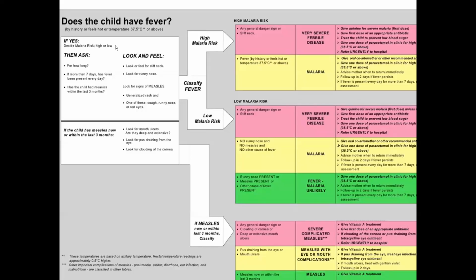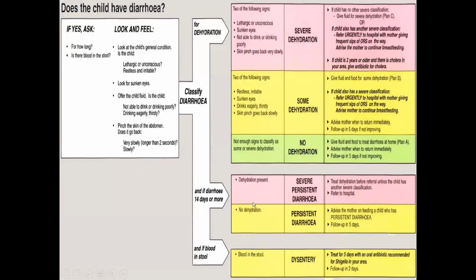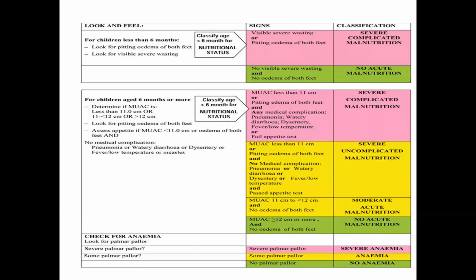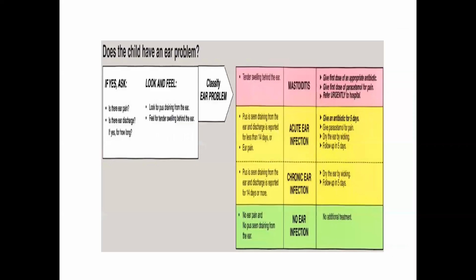If fever, then what are the high risk malaria, low risk malaria? If there is measles, yeah, this is probably the WHO chart to assess the condition of the malaria from the baby. Again, this is for the diarrhea or dehydration. This is again the malnutrition, severe. This is the mastitis, acute ear.